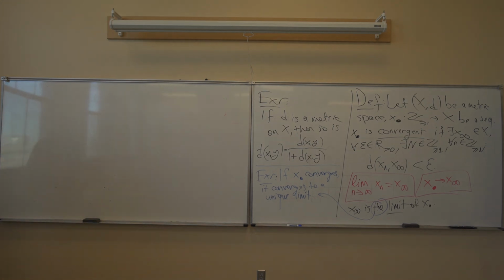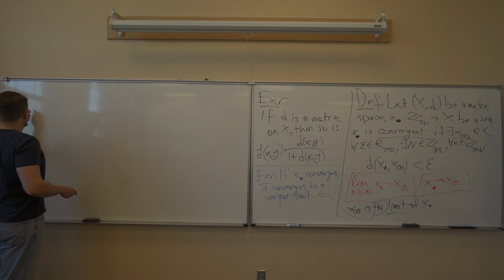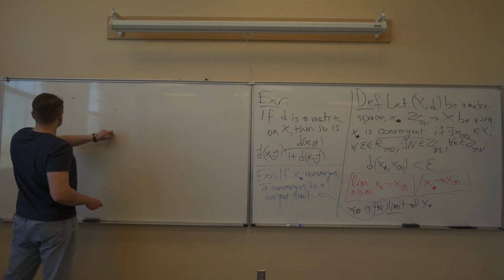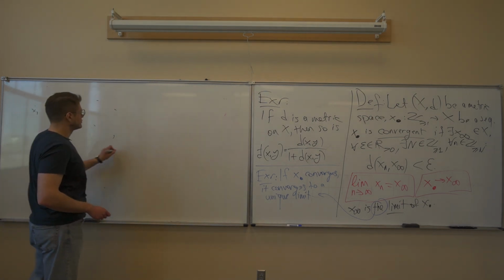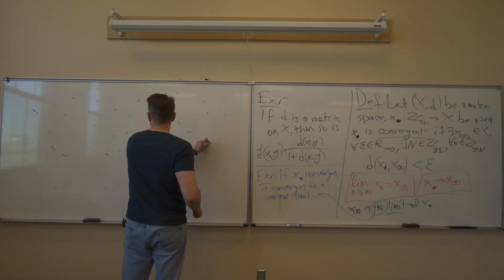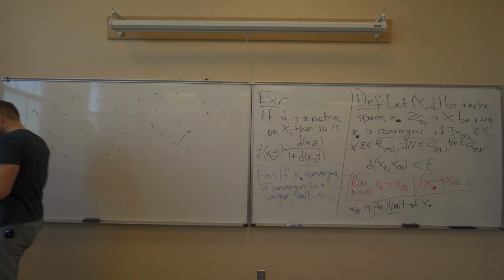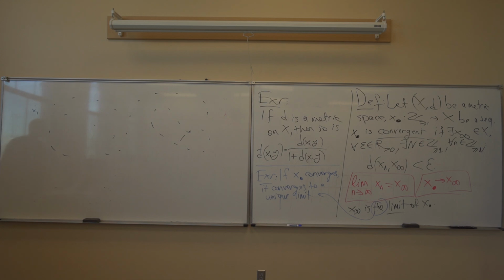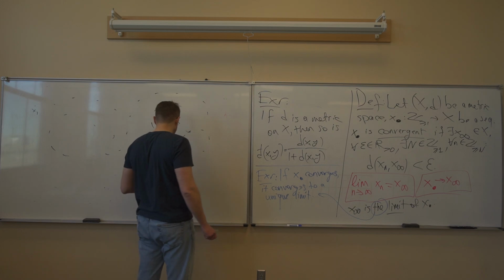So let's say that it starts like this. This is x1 and so on. It's going like this, moves around. Time goes by. In order for me to be able to say that this converges, first I need a target. My target is somewhere here.